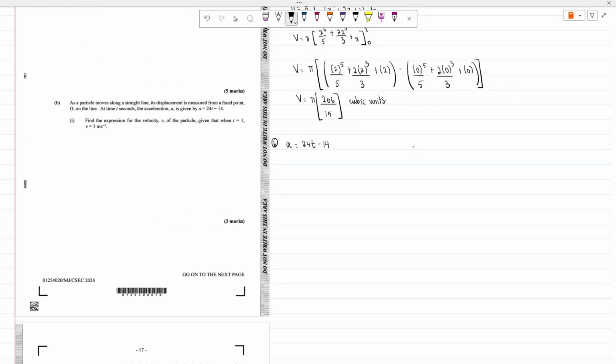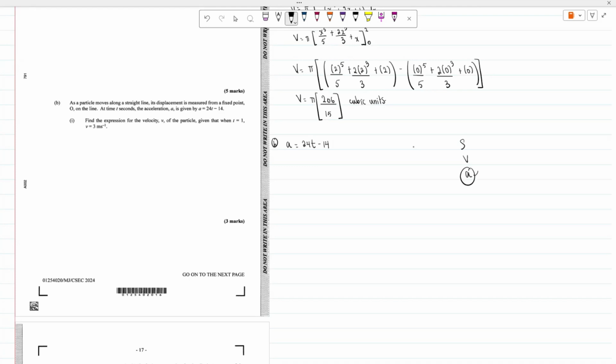Find the expression for the velocity v of the particle given that when t is 1, v is 3 meters per second. All right. Already remember your word? ZVA, S-V-A. You remember that, right? Good old-fashioned ZVA. So for ZVA, I have S-V-A.